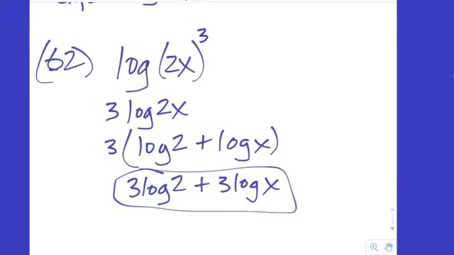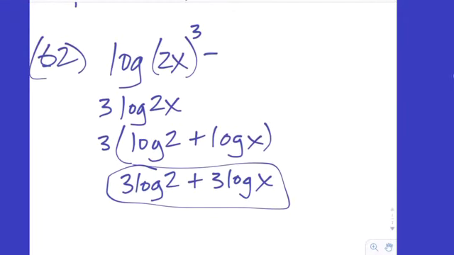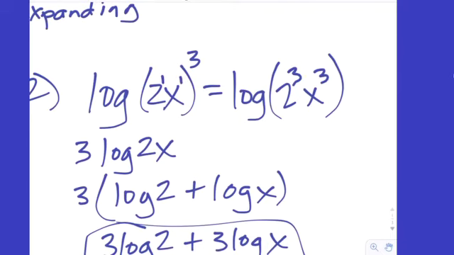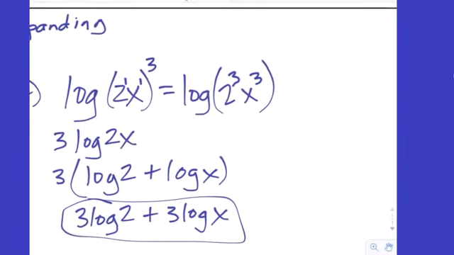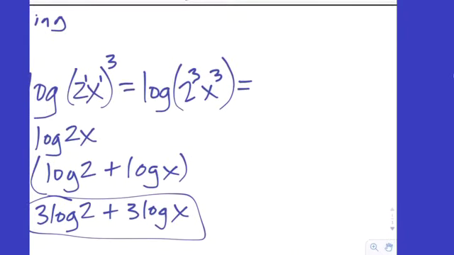So now notice there's another way to get there. If you didn't want to do it that way, you can actually use your properties of exponents. 2x quantity cubed, remember, is the same as 2 cubed x cubed, right? If you have a product raised to a power, you can multiply the exponent by the exponents of each factor inside. And now you can expand this.